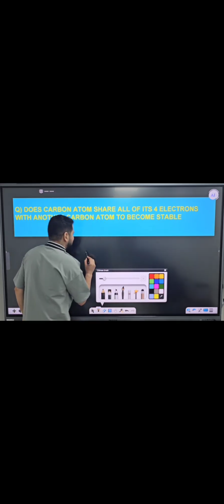Yes. Now there is one common question: does a carbon atom share all of its 4 electrons with another carbon atom to become stable? For example, this is carbon, and there is one more carbon. How many electrons are present with the carbon? 4: 1, 2, 3, and 4.